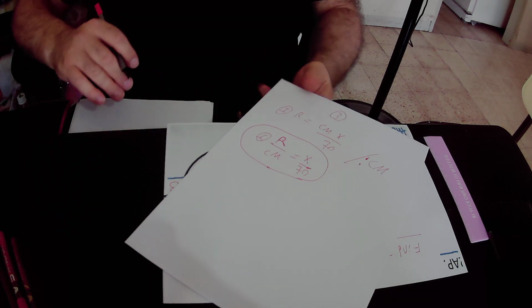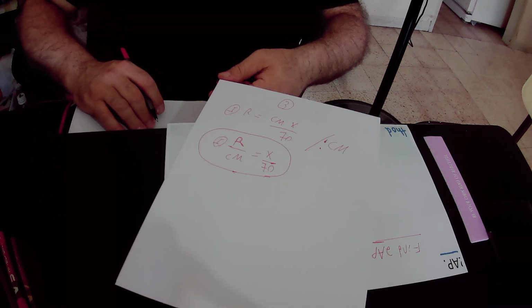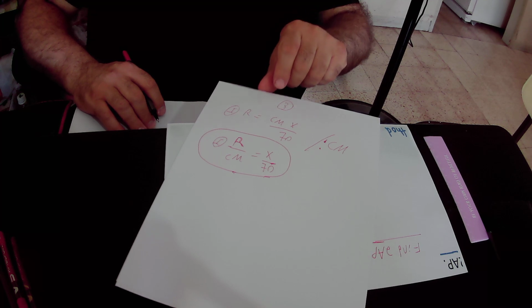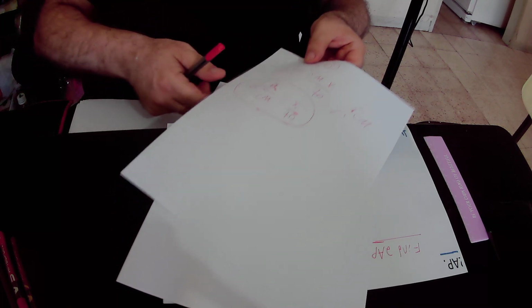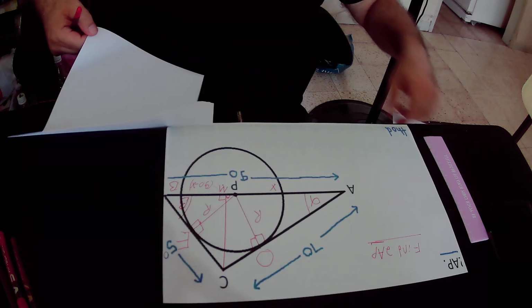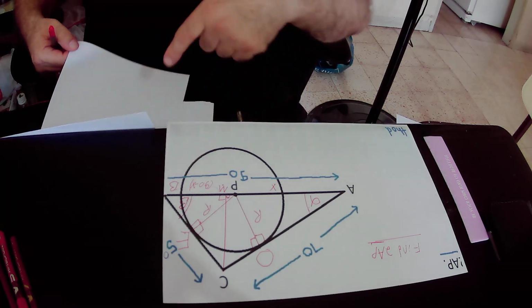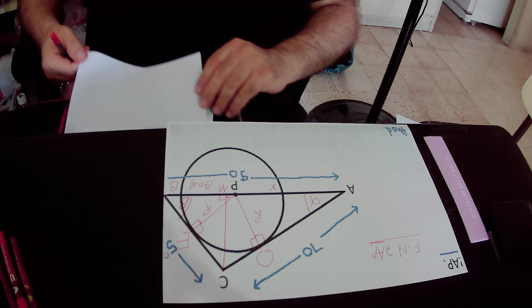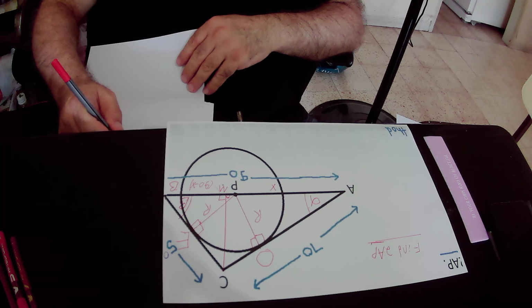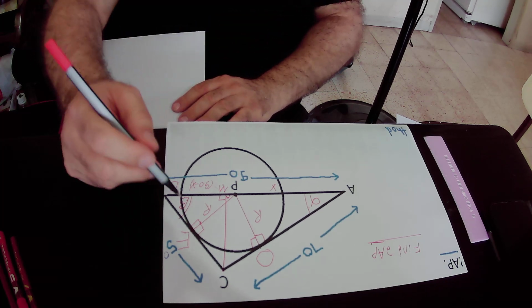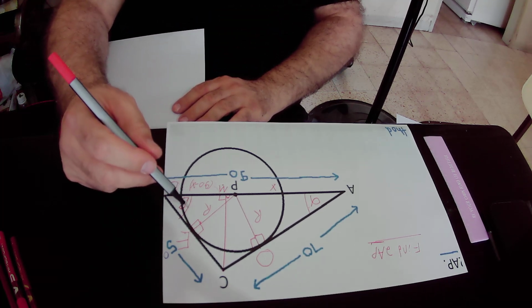Okay, this is our first equation. Then now we will move to the other side of the triangle, and we'll focus on the right triangle EPB.